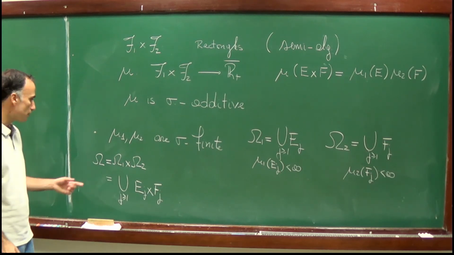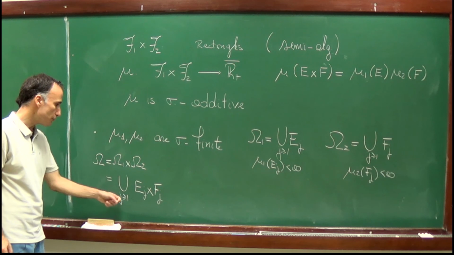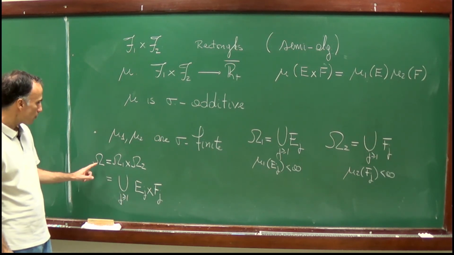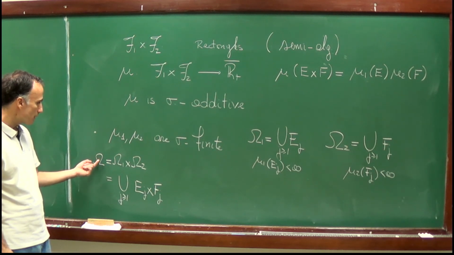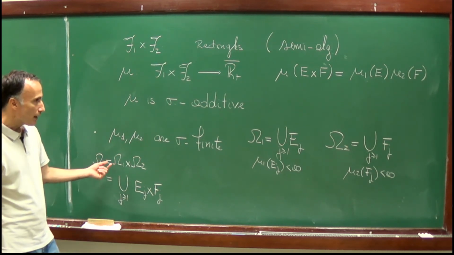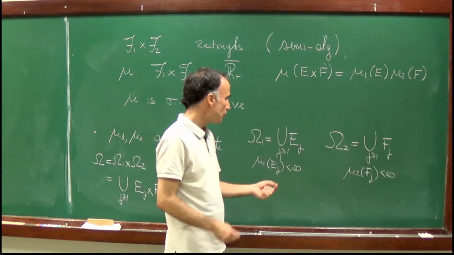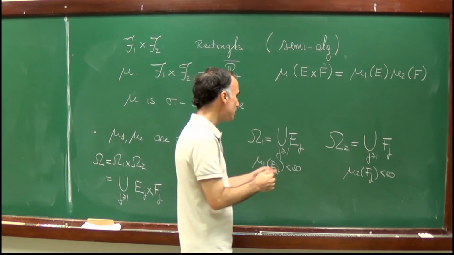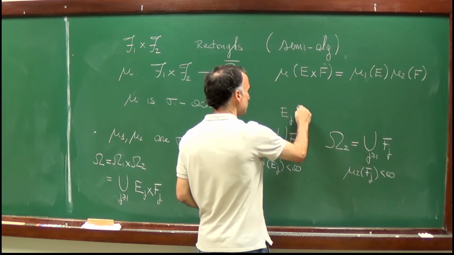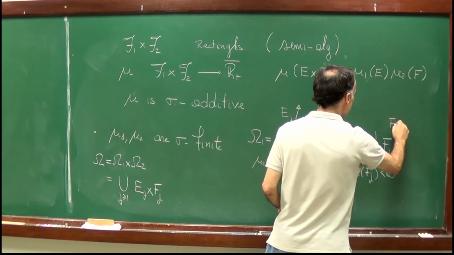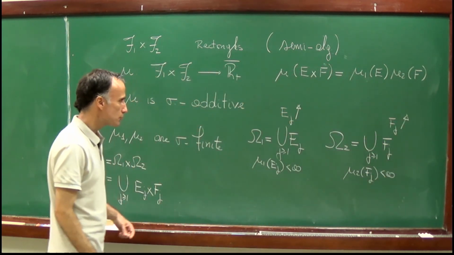You can check this: if you take a point, well, of course, Ej times Fj is contained in omega, and therefore the union is contained in omega. On the other hand, if you take a pair x, y in omega, well, x belongs to omega 1 and therefore will belong to one of these Ej. I'm assuming here that Ej forms an increasing sequence. You can always assume that without loss of generality, and that Fj is also an increasing sequence.